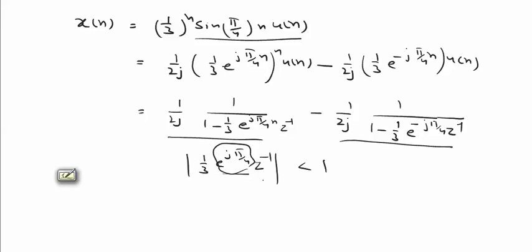The angle portion does not play any role in the ROC, which means Z should be greater than 1 by 3. The ROC of this expression is this. The angle of Z does not play any role in the ROC. Move to the next level of question.